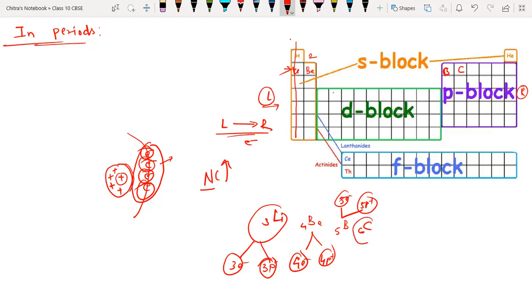Because if we discuss the 6th element, which is carbon, carbon has 6 electrons and 6 protons. It means all the time if electrons increase, protons also increase in the nucleus. For nitrogen, we have atomic number 7, so it has 7 electrons and 7 protons.